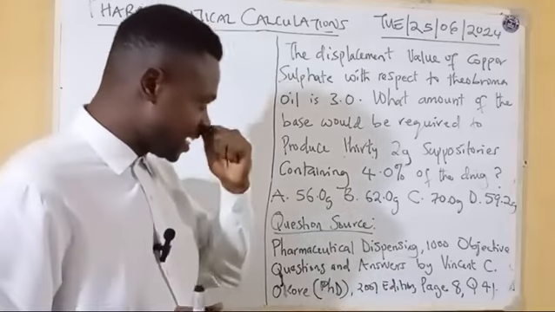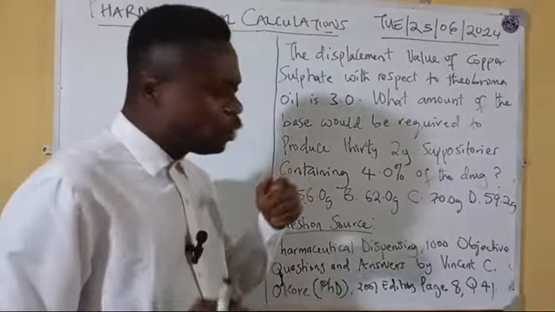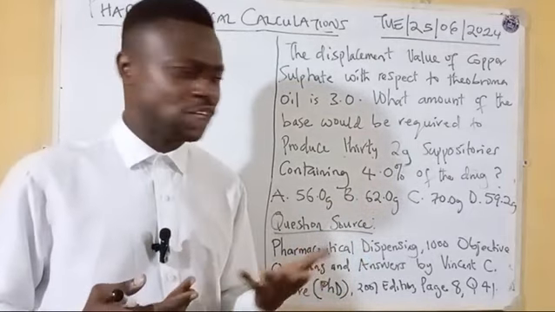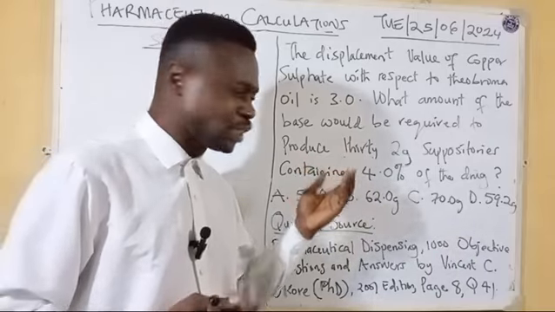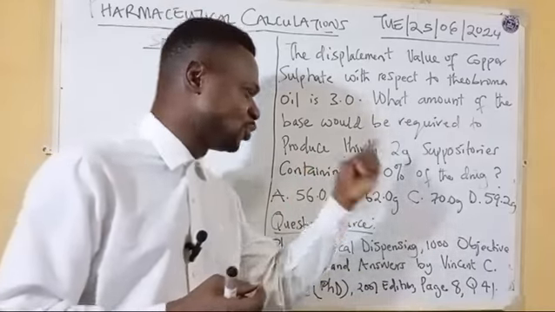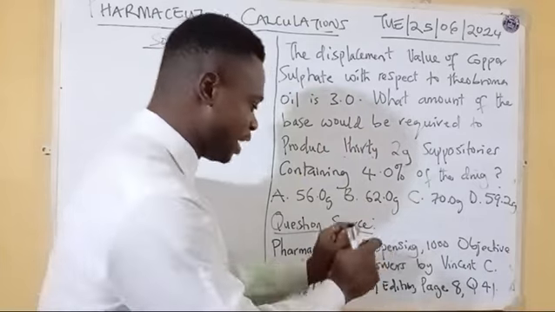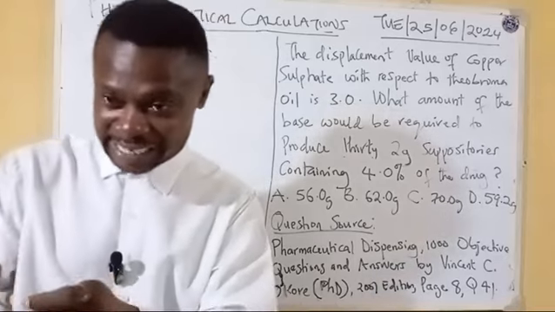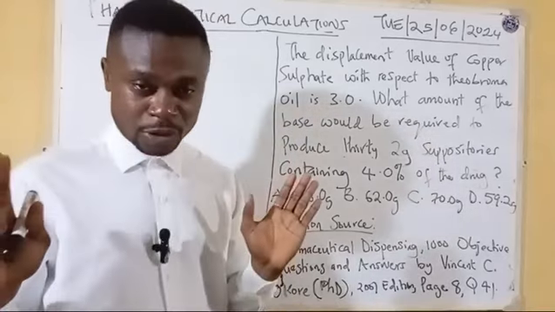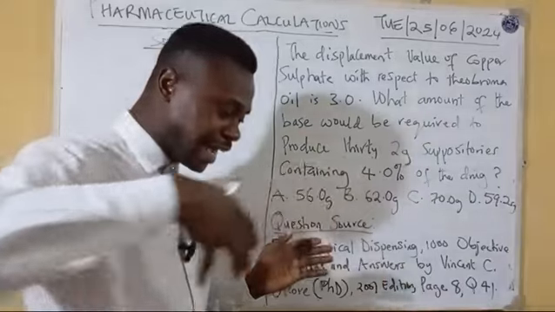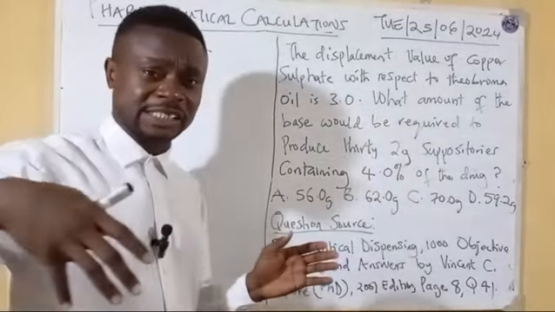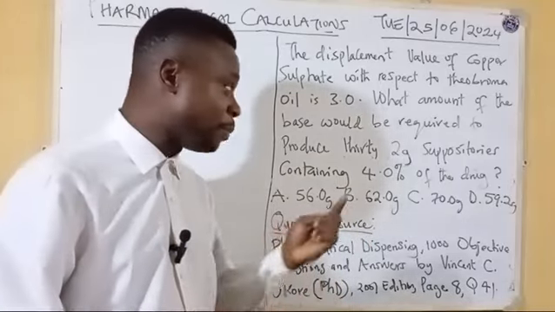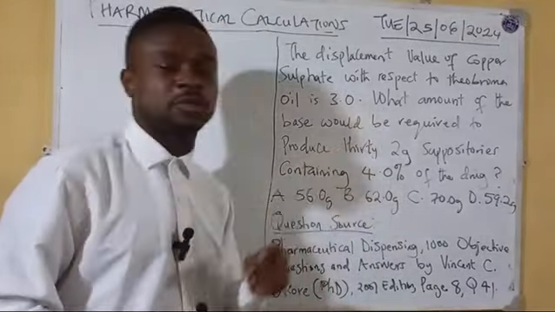If we want to prepare 30 suppositories, we will not just get the ingredients required for one suppository, then mix again and prepare another. We get the required amount of the ingredients and mix them together to form a mass that will give us 30 suppositories.